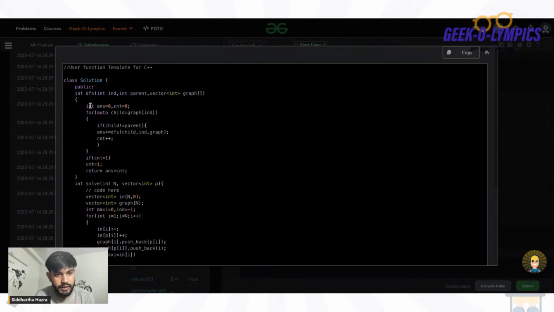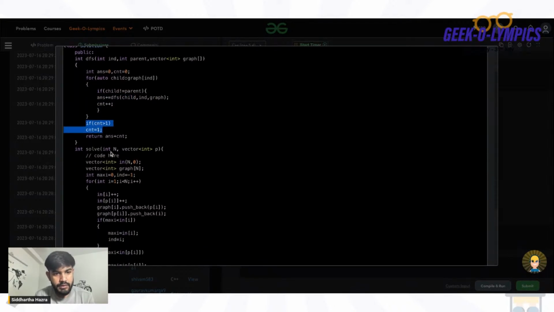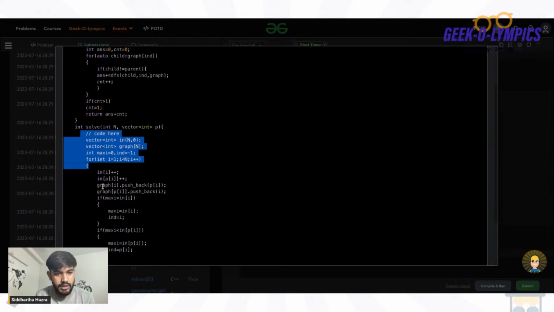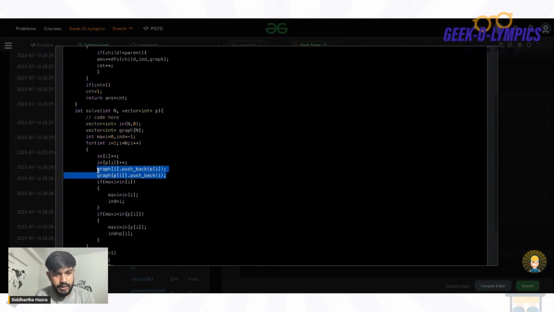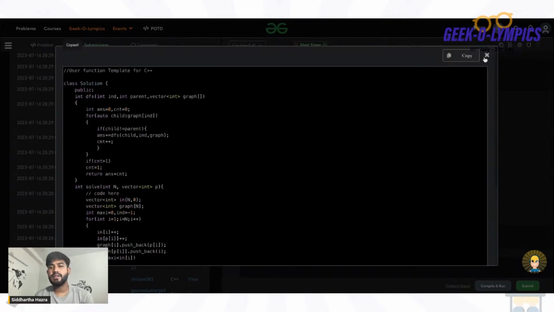Answer count 1 if child is not equal to parent, answer plus equals child, parent, and then graph itself, and then count plus plus. If count becomes more than one, answer plus equals the parent's graph plus one. Okay, yep, this solution is fine.